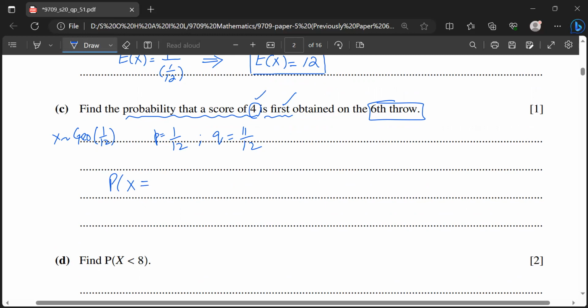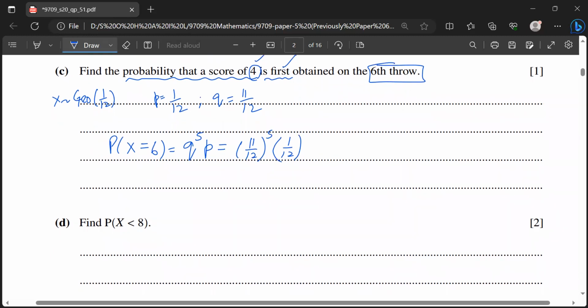So we have the probability of X equals 6 is equal to Q to the power 5 times P. So Q to the power 5 means 11 over 12 raised to the power 5, and P is 1 over 12.